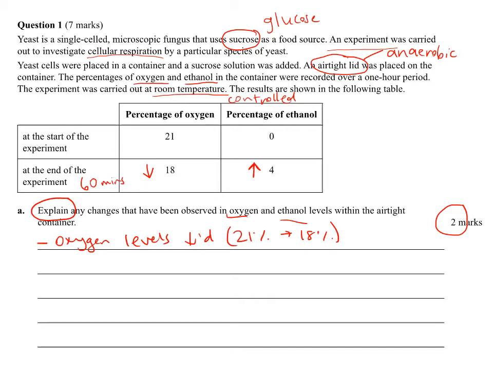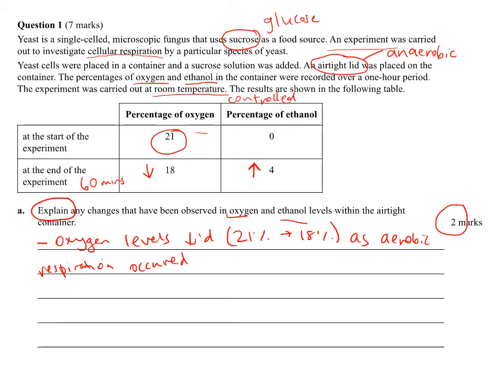Now, the reason this would be happening is if there was oxygen in there at the start, which there is, aerobic respiration will happen. Okay, so the yeast would go through some aerobic respiration while it can. So oxygen levels decreased as aerobic respiration occurred.